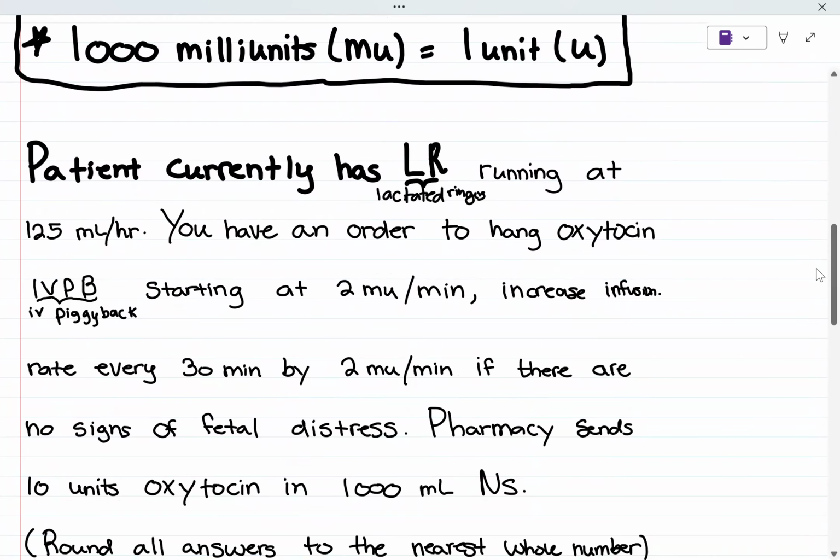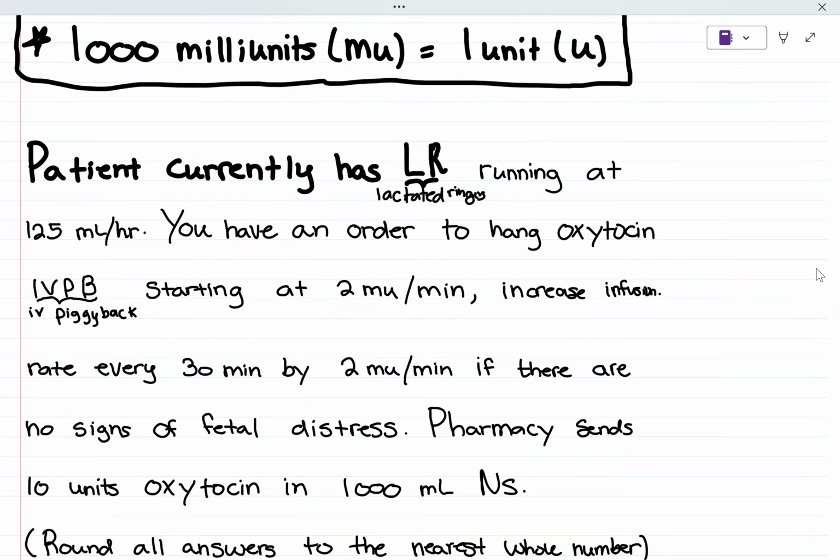Example one says the patient currently has an LR, or lactated Ringer's, running at 125 milliliters per hour. You have an order to hang oxytocin IV PB, or IV piggyback, starting at 2 MU per minute.